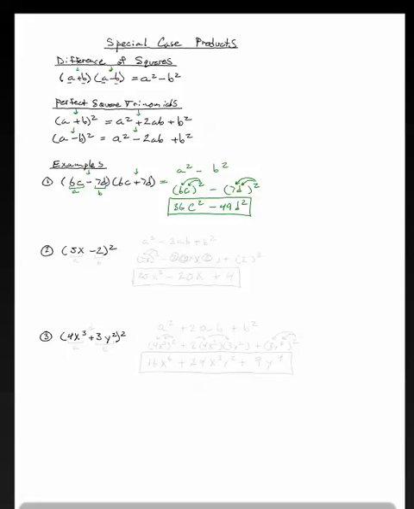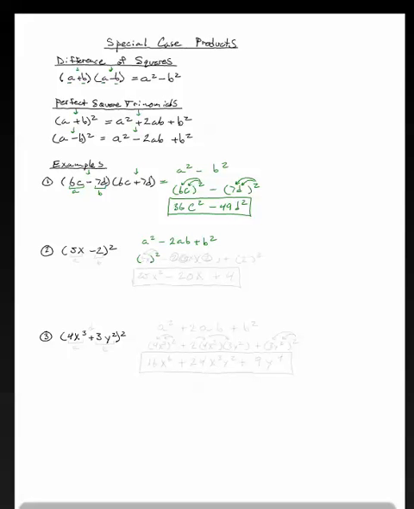In example 2, we've got 5x minus 2 squared. So we've got a binomial, and it's being raised to the power of 2. That is a perfect square trinomial, so we know that it's subtraction, so it's going to be a squared minus 2 times a times b plus b squared.